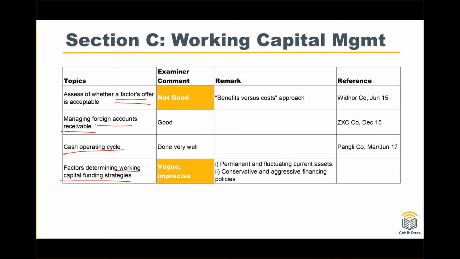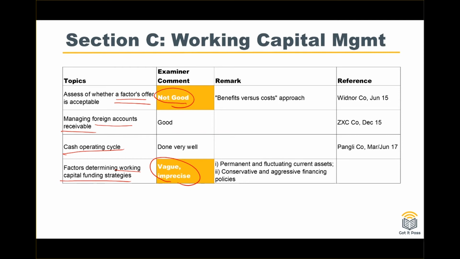I highlight here "not good in precise". Why? Because when you find the examiner commenting that it's not answered well, it's imprecise, then you have to prepare similar questions which may happen in the next exam or the one after next.